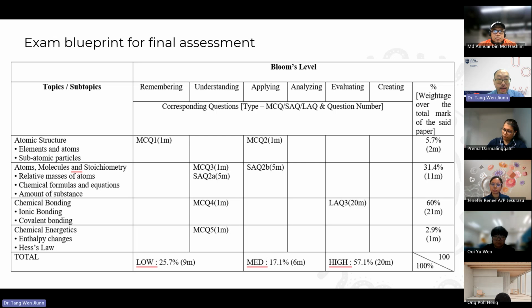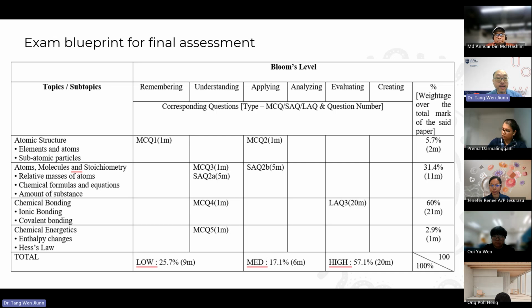Typically it will be something like this. We list out the questions and the marks, and then we put in the weightage here, making sure it's 100%. And then over here at the bottom, we look at the percentage on the 6 levels.